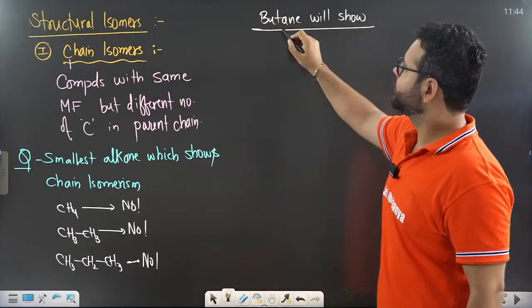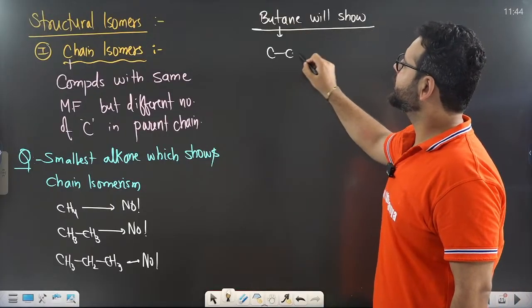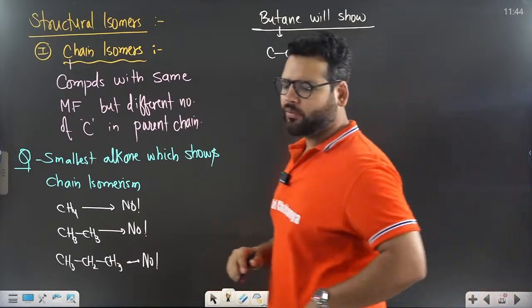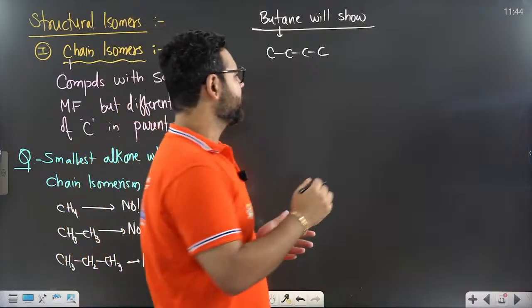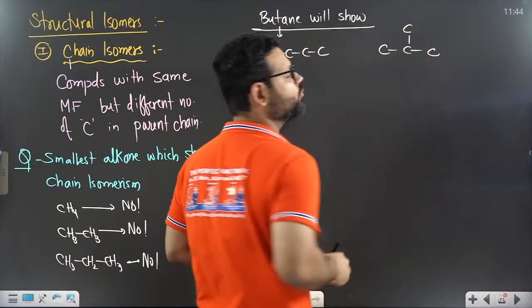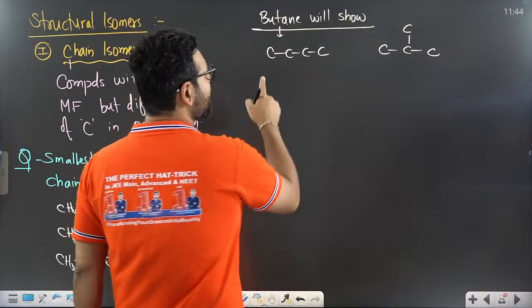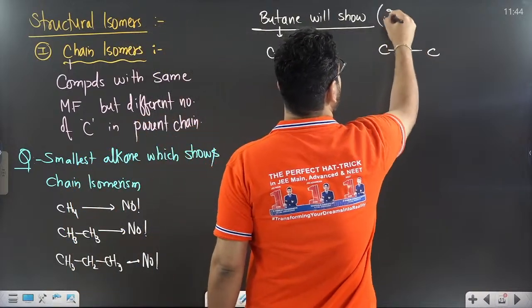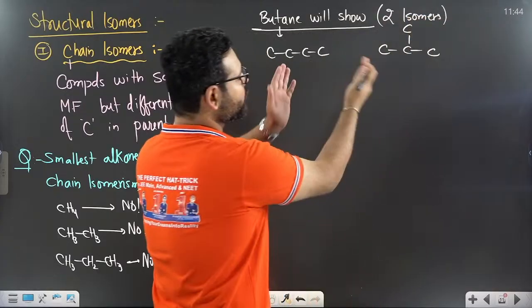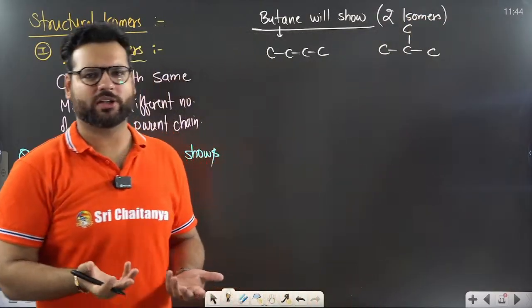You can just see here. Butane, I can keep all the 4 carbons in a straight line. Or what I can do is I can cut the chain to 3 carbon and put a methyl on second number like this, 2-methyl propane. So remember, butane has 2 isomers and their relation is they are chain isomers of each other.